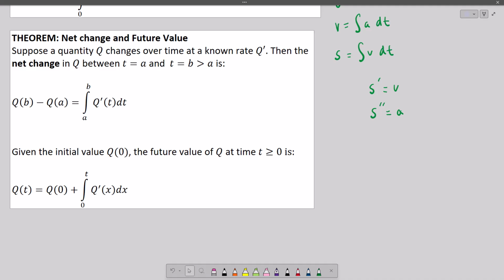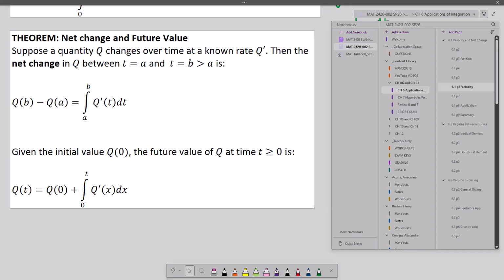But the idea is that the future population or the future value of some account will be the initial value of the account or the initial population plus the change in whatever the Q is representing, population or value. So same idea, same thing we just did, except instead of having S's and V's, we're going to have Q's. But same idea. So let's try one.